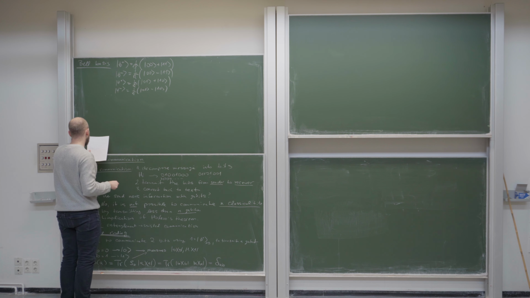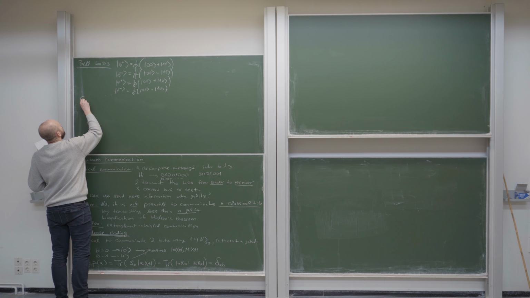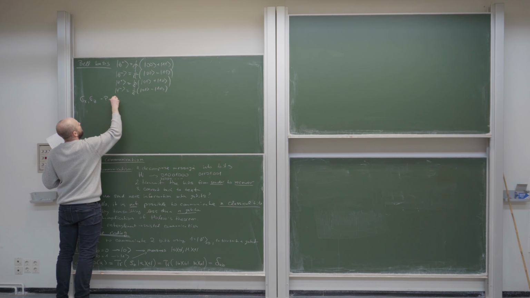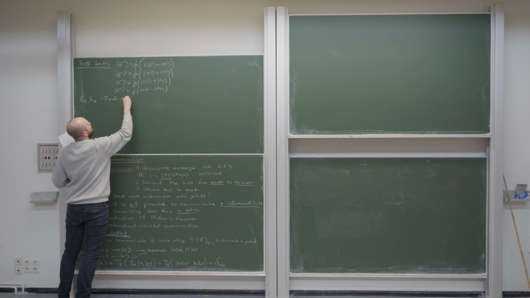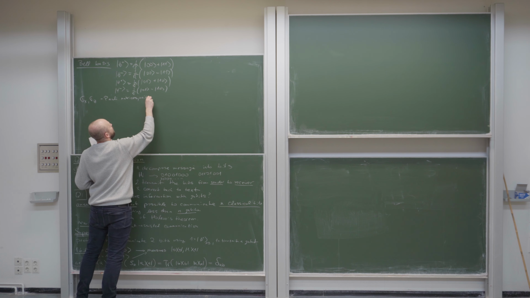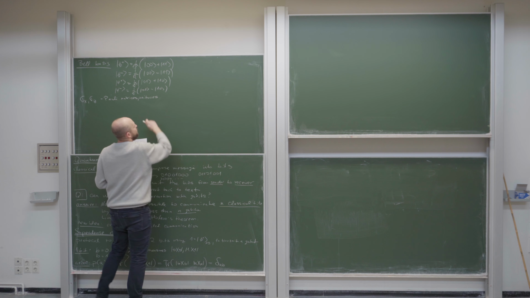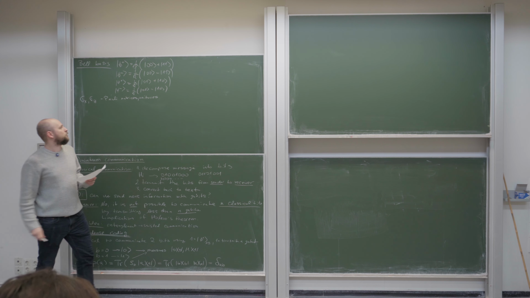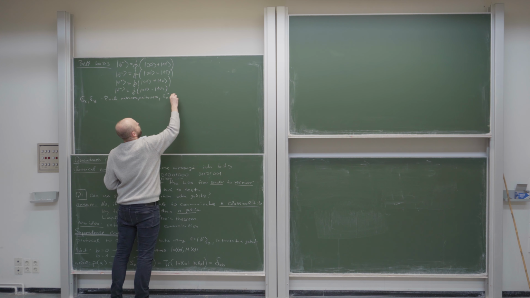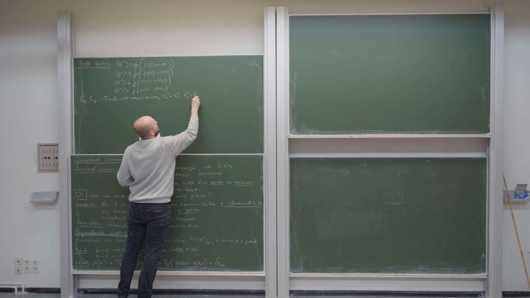Moreover, I will now introduce some unitaries, the sigma x and the sigma z, which are the Pauli matrices, and they're unitaries. So these are unitary matrices. Moreover, they have real components, which means that sigma_x star is equal to sigma_x transpose, and sigma_z star is equal to sigma_z transpose.